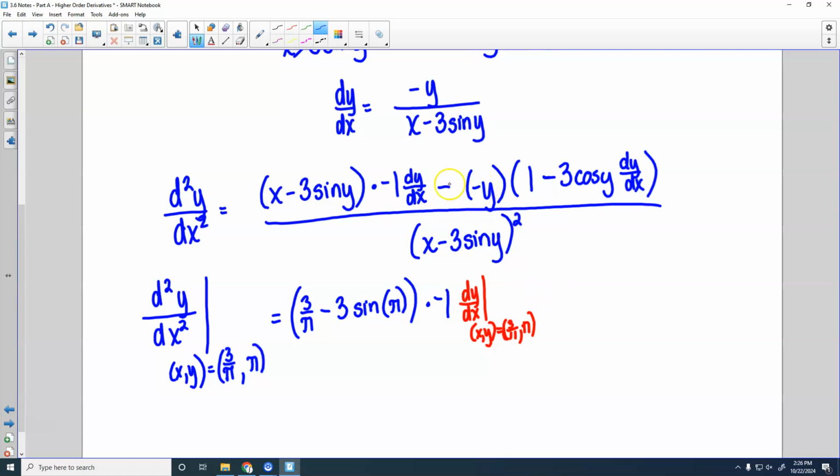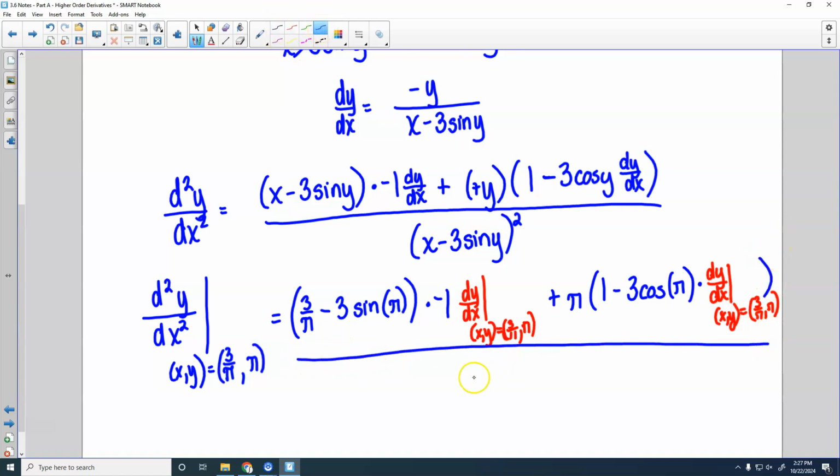And then right here where I've got that minus, I'm going to make that positive. So plus my y, which is pi, times 1 minus 3 cosine of pi, times the derivative with those values, all over 3 over pi minus 3 sine of pi, squared.